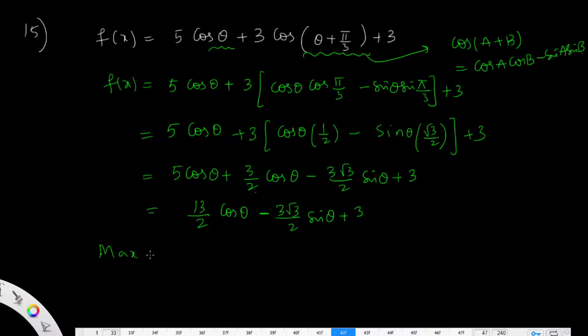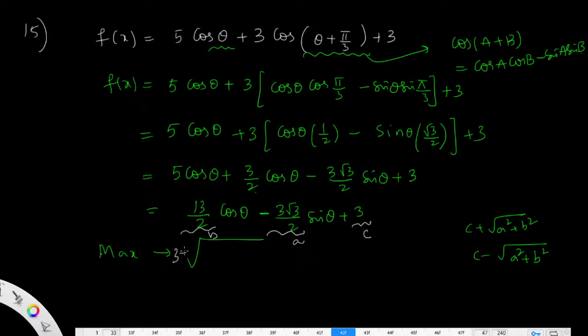Therefore the maximum value is c plus root of a square plus b square, and the minimum value is c minus root of a square plus b square. Here this is the value of a, this is b, and this is c. Substitute in this, then you get the answer directly.